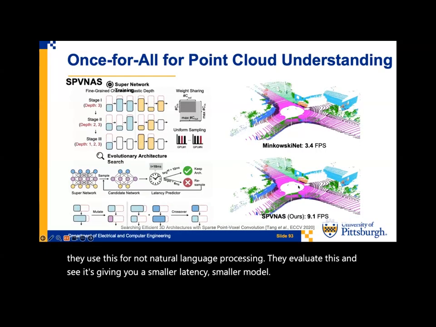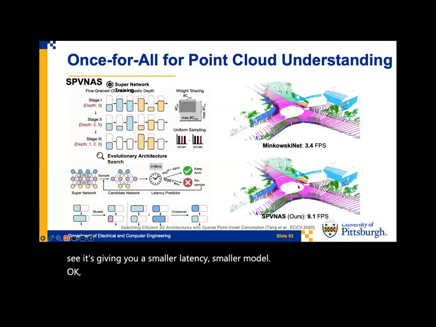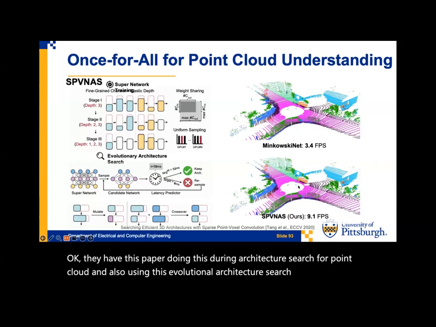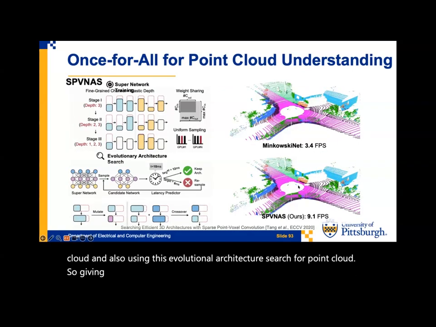They have this paper doing new architecture search for point cloud, also using evolutionary architecture search for point cloud, giving you better frames per second.